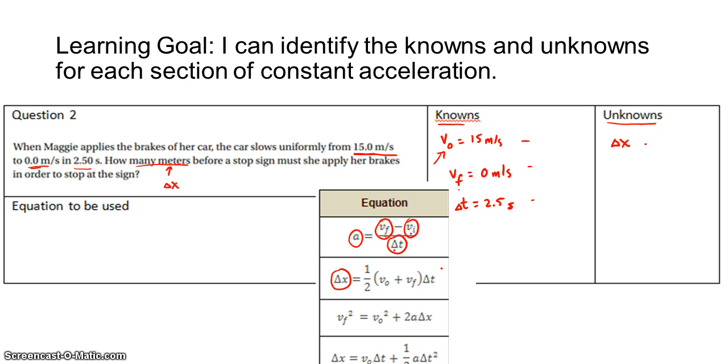It has our unknown, our initial velocity, our final velocity, and our time. So the equation that we could use to solve this is this one. All that's left to do to solve this problem is plug in our numbers for v initial, v final, and time, and we get an answer for the displacement.